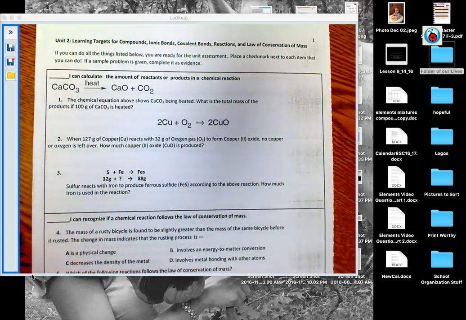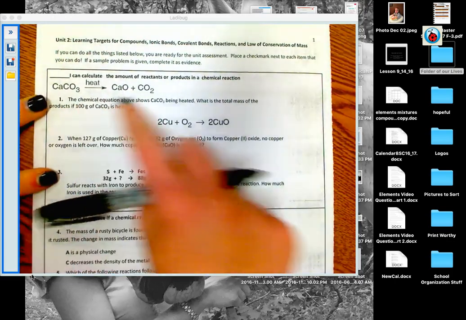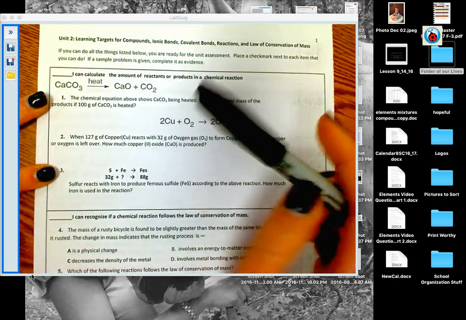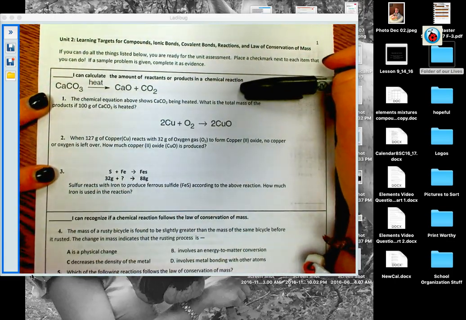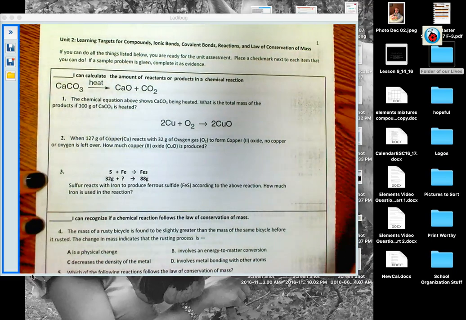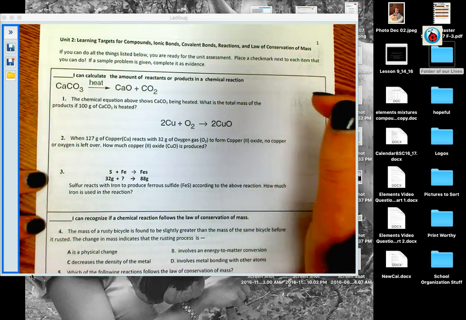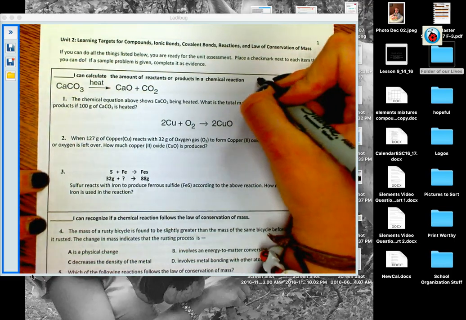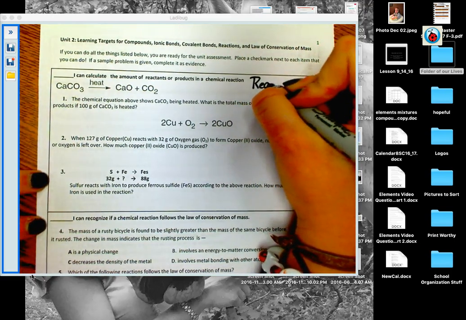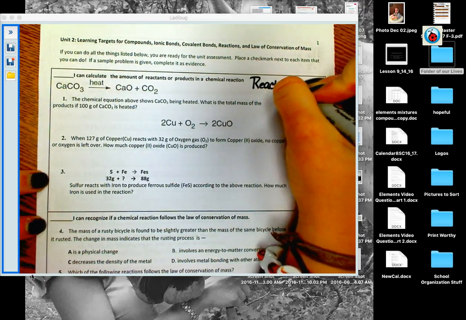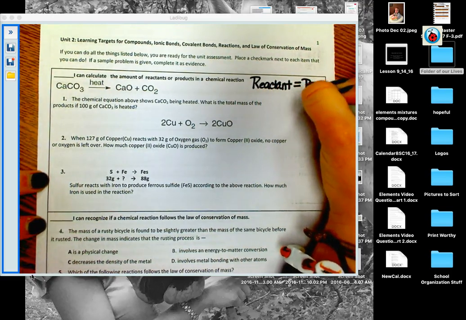So if you're looking at your learning targets, basically, all that these are saying, the target itself is I can calculate the amount of reactants or products in a chemical reaction. And all that you need to be able to say is that what is on the reactant side is equal to what's on the product side.